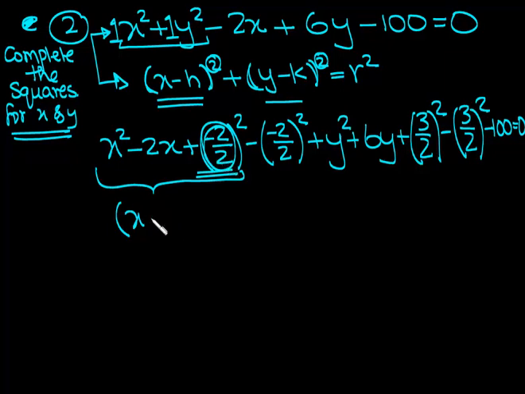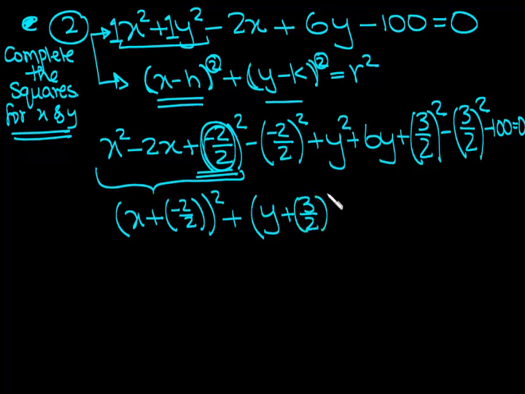So it'll be x minus 2 over 2, and you square that, plus the y can be written as y plus b over 2, and you square that. Then let's write down what's left, because I still have this left, and this left. Negative 2 divided by 2 is minus 1. Minus 1 squared is just 1, so you get negative 1.